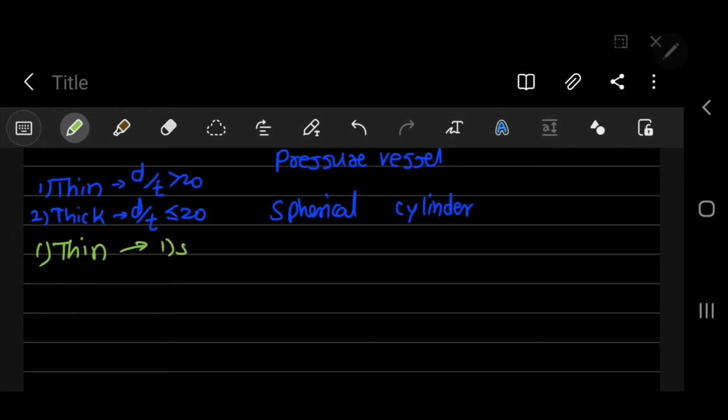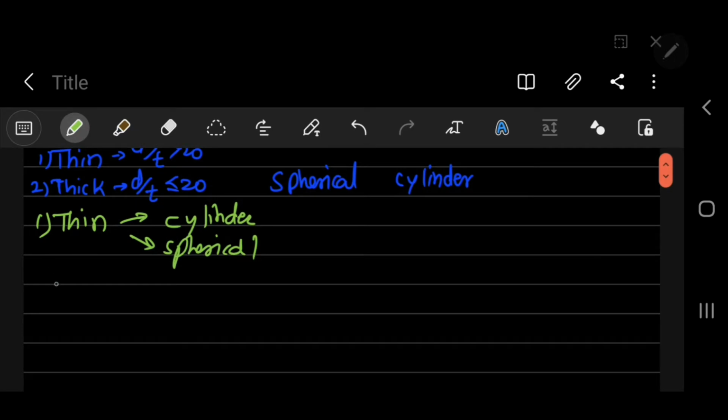Sorry, the first one we will take as cylindrical and the second one as spherical. Okay, so we will see the stresses which are coming in the pressure vessels due to the fluid present inside and outside of the pressure vessel.